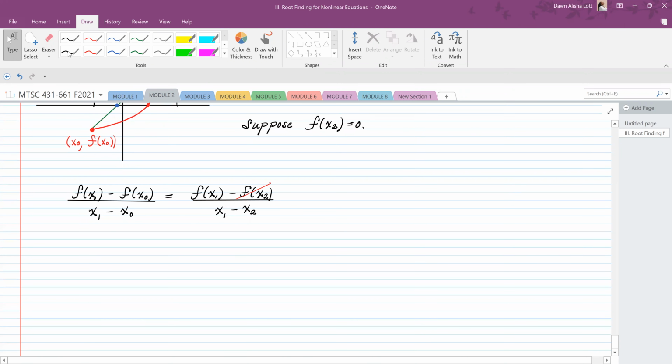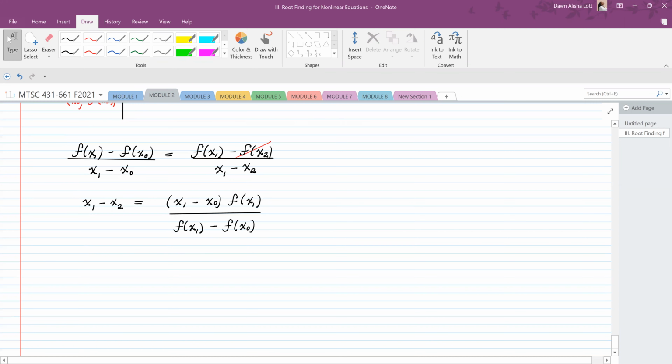So now I get x1 minus x2 is going to equal x1 minus x naught first, times f of x1, and then I'm going to divide by f of x1 minus f of x naught.